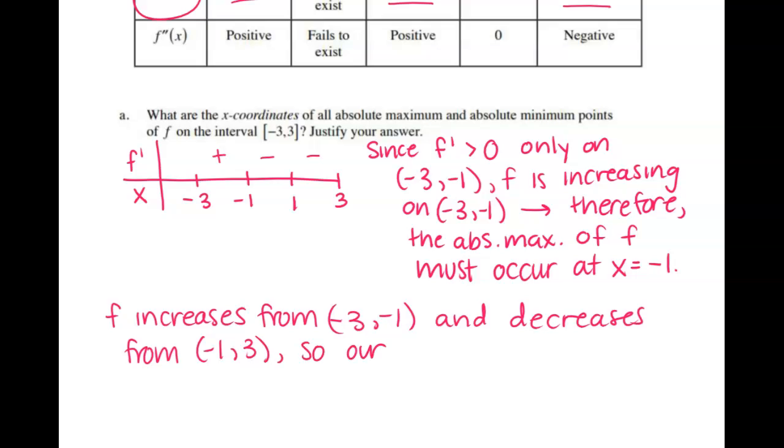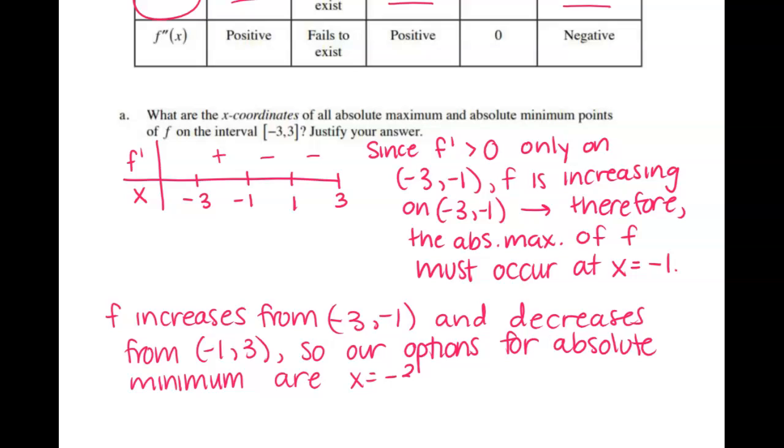So our options for our absolute minimum are x equals -3. Basically, we're looking at our endpoints. So it starts increasing, so x equals -3, or x equals 3. That's when it is decreasing and stops decreasing.